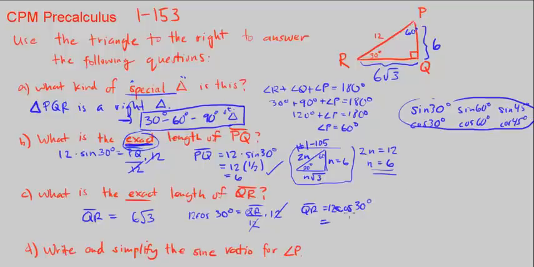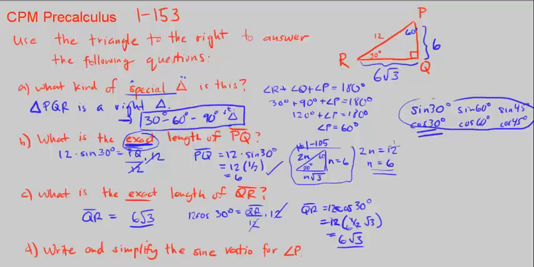This is one that we need to know. Cosine of 30 degrees is 1/2 square root of 3. If we multiply across, 12 times 1/2 is 6, so it's 6 square root of 3. And they're the same.